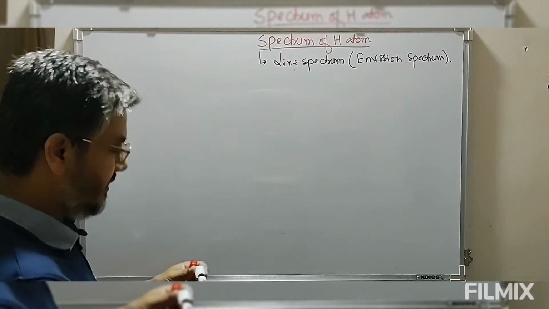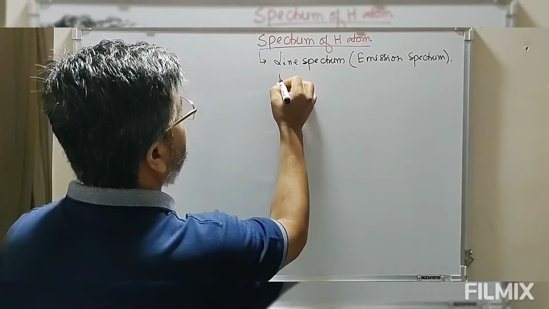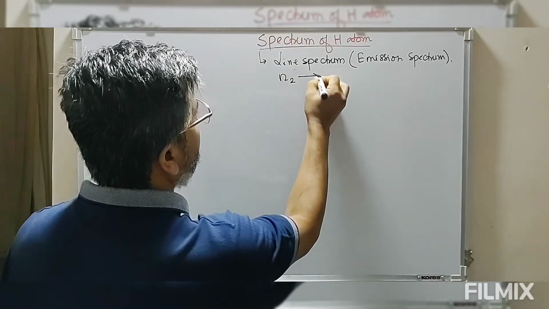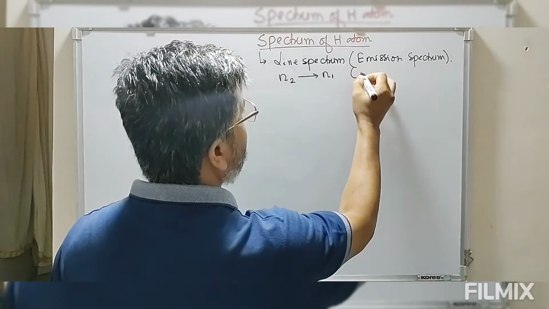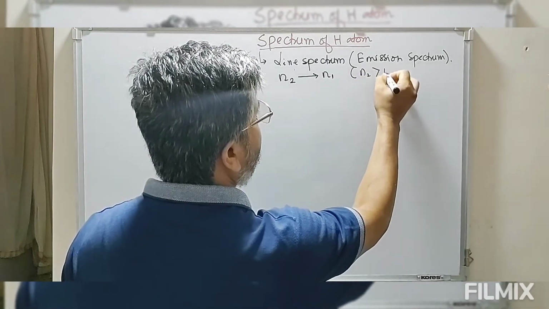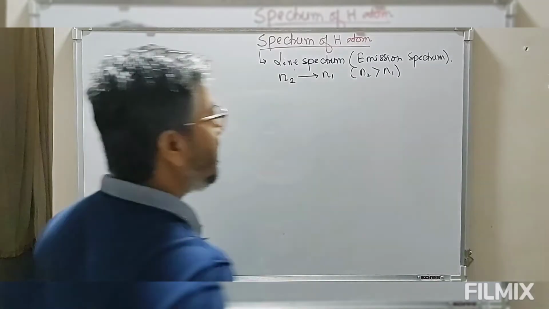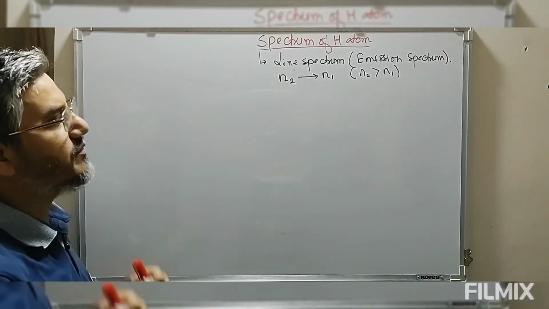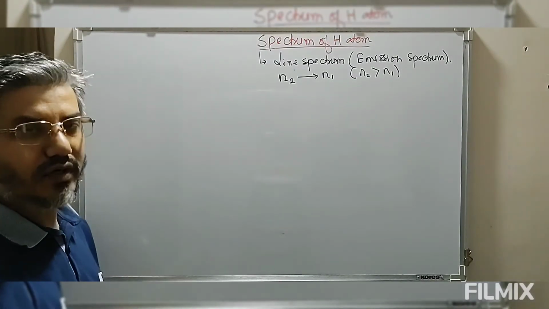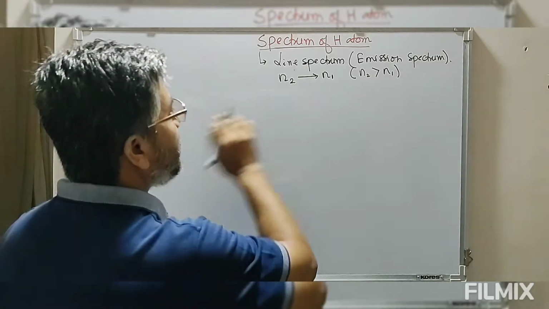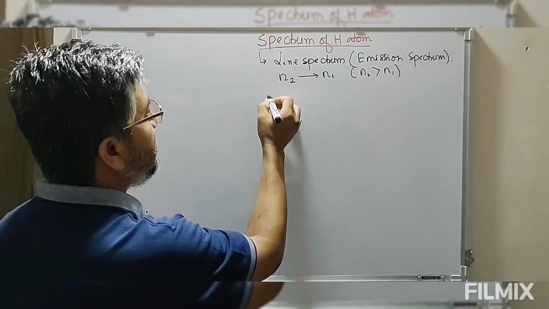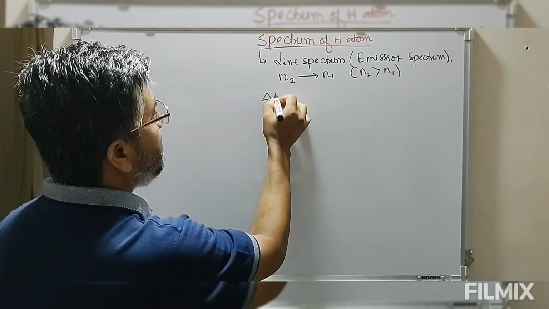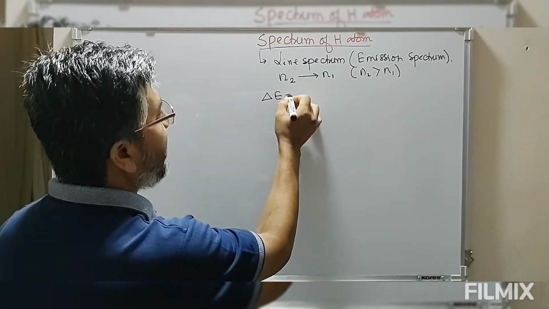Now look at this, the electron is coming from n2 to n1. This is known as de-excitation, as I have told you. n2 is the higher level, n1 is the lower level. So the electron is coming from the excited state to a lower level. During this process, as I told you, energy is released, and this energy release is in the form of electromagnetic radiation.